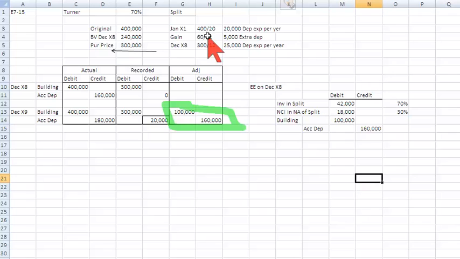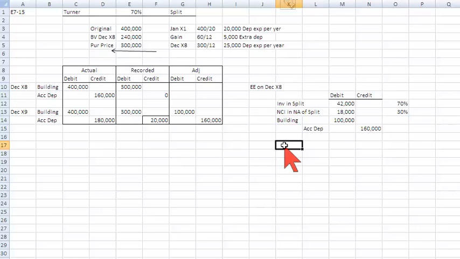But we still need to make one more adjustment, which is the extra depreciation, which is being recorded, which shouldn't be recorded. In order to do that, we need to credit depreciation expense to reduce it by 5,000 and debit accumulated depreciation by 5,000.